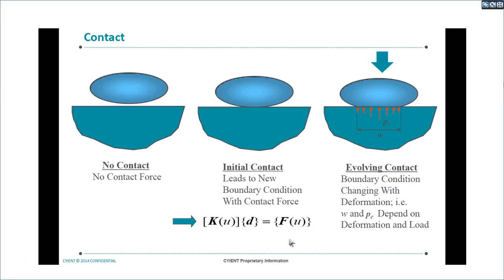When a load is applied further, there will be a further change in the geometry here. Here it is a point contact. Now it is becoming a line contact. So the boundary condition changes with the deformations.